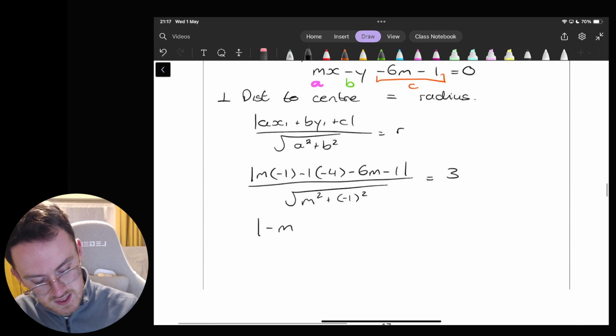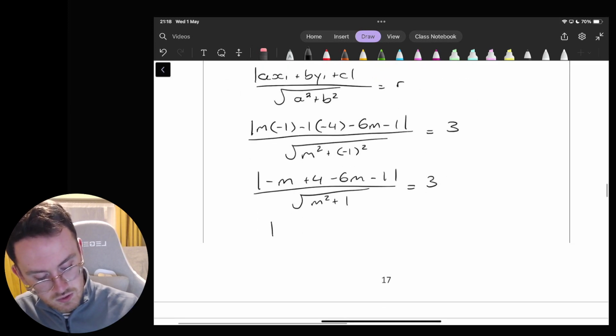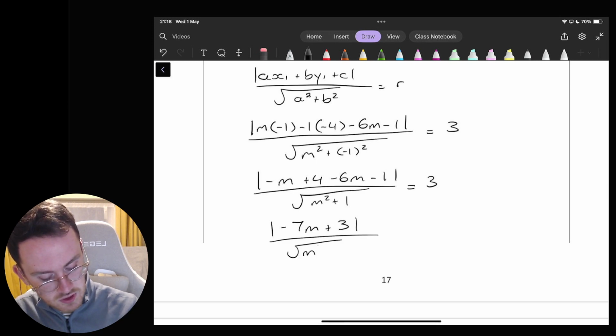So I have the modulus of minus m plus 4 minus 6m minus 1, all over the square root of m squared plus 1, equals 3. So the modulus of minus 7m plus 3 all over the square root of m squared plus 1 equals 3.